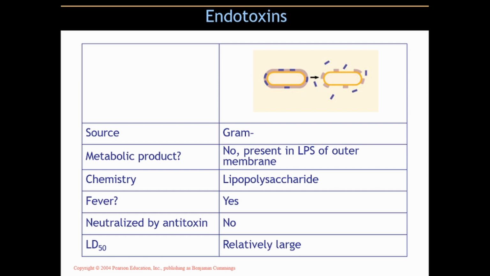That's fun to say. Say lipopolysaccharide. Does it induce fever? Yes, they do. Are they neutralized by an antitoxin? No. And their LD50 is relatively large. So you can see that, with at least the last three characteristics, fever, neutralization by an antitoxin, and LD50, the exotoxins are the exact opposite.